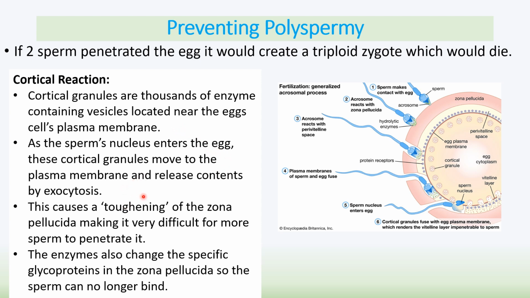This toughens the zona pellucida, making it more difficult for more sperm to enter, and the enzymes change the specific glycoproteins in the zona pellucida, so the ZP3 proteins change, so that the sperm can no longer bind. So not only does it prevent the entry of the sperm into the egg cytoplasm, it also prevents the binding to the ZP3 glycoprotein.